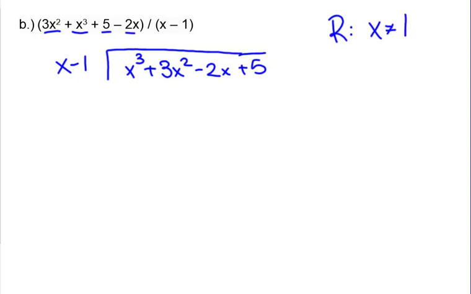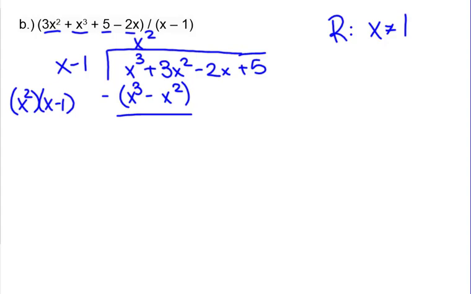And we'll start dividing. So x times what gives us x cubed? That is x squared. So x squared times x subtract 1 is x cubed subtract x squared. X cubed subtract x cubed is 0. 3x squared plus x squared is positive 4x squared. Remember, when you subtract a negative, you add the opposite.